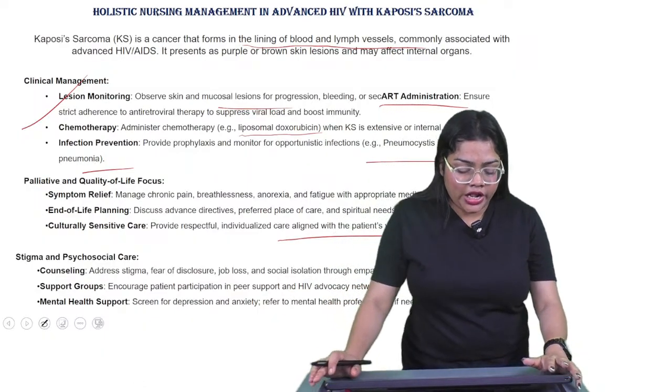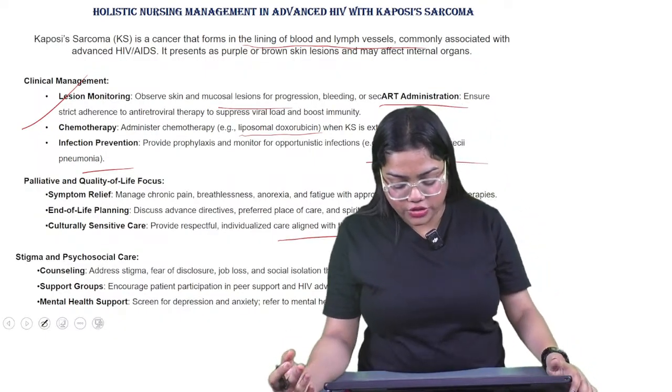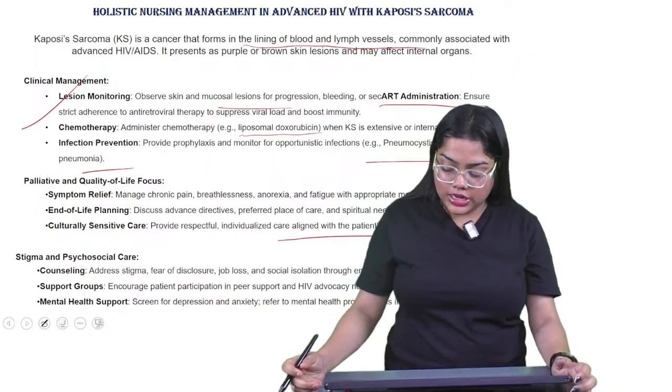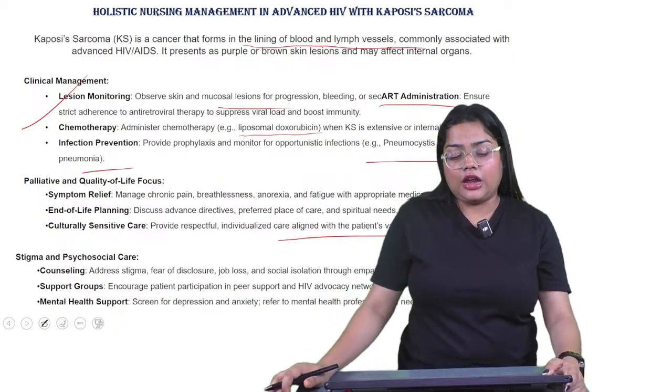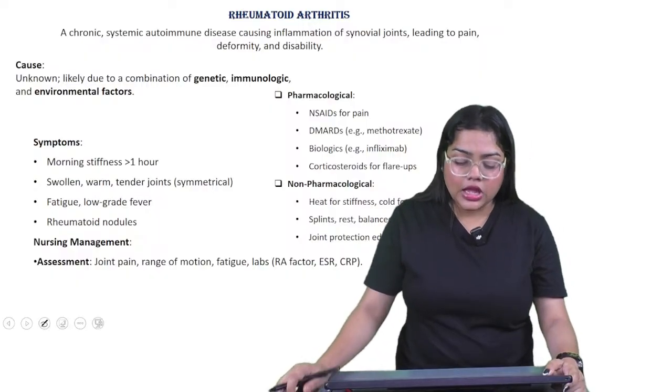Lastly, mental health support, such as screening for depression and anxiety, and referring to a mental health professional if needed. So that is about the holistic nursing management in advanced HIV with Kaposi's sarcoma.